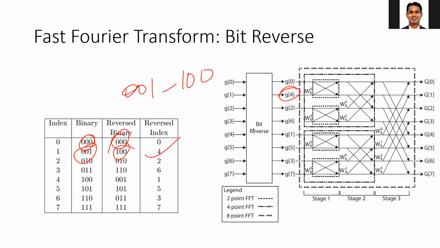In stage 2, you will have two different butterfly weights. In stage 3, you will have four different butterfly weights. So the number of butterfly weights in stage 1 is 1, in stage 2 is 2, in stage 3 is 4, in stage 4 is 8, and so on. The number of butterfly operations in parallel in stage 1, in case of the 8-point FFT, is 4, so it is n by 2.